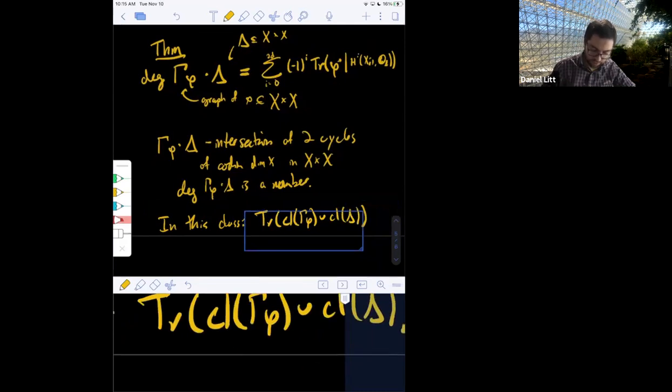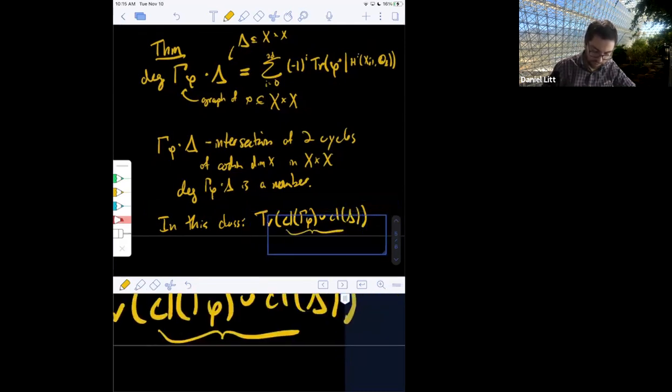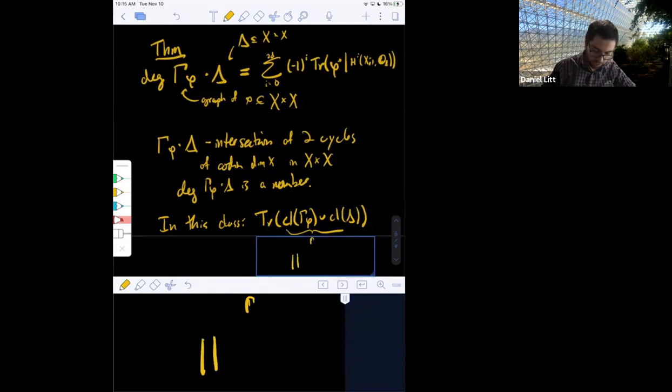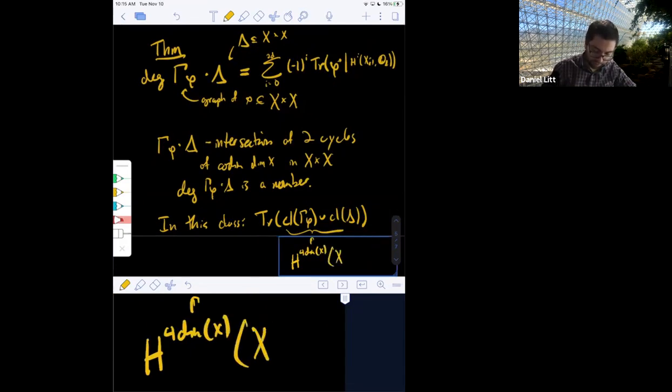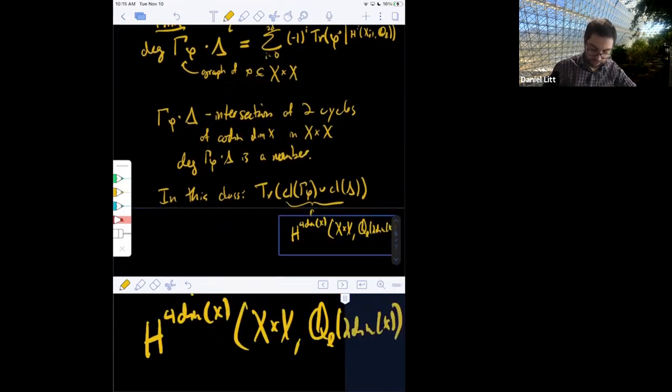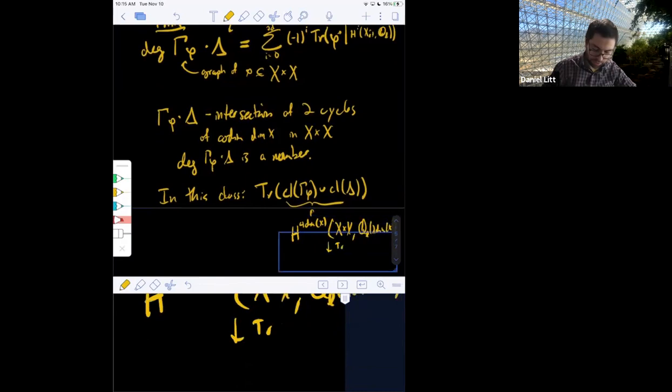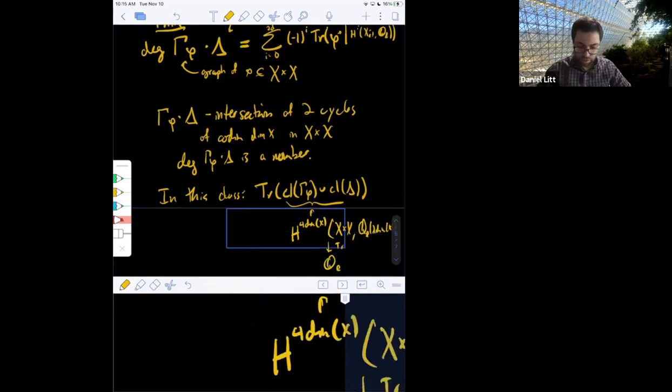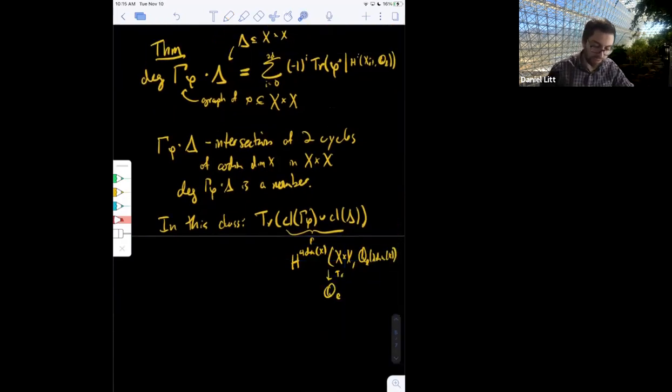This is in degree 4 dmx, the top cohomology of X times X with coefficients in QL of 2 dmx. And then there's a trace map from this to QL. The non-obvious thing is that these two things agree.